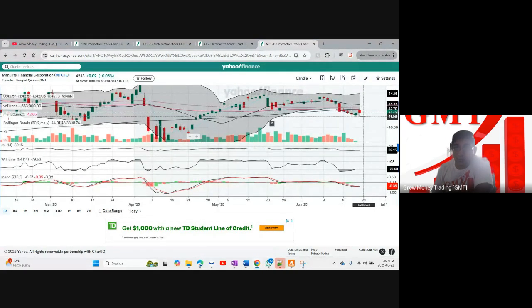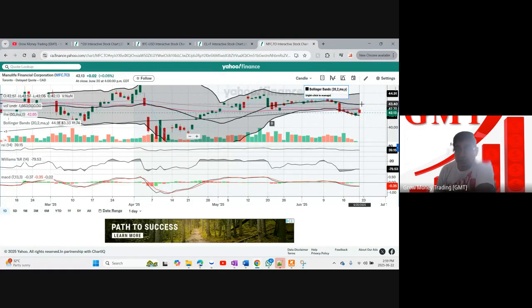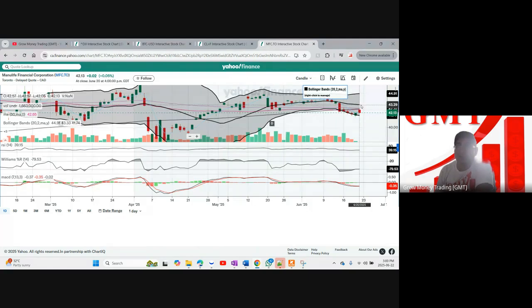Because the weekly chart is showing a downtrend, I would suggest to book your profits at the mid Bollinger Band level here. It's at 43.29. Try to book a few cents lower and wait for it to enter at lower prices, because the TSX index is also expected to fall.